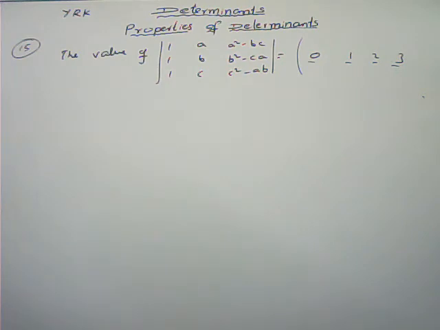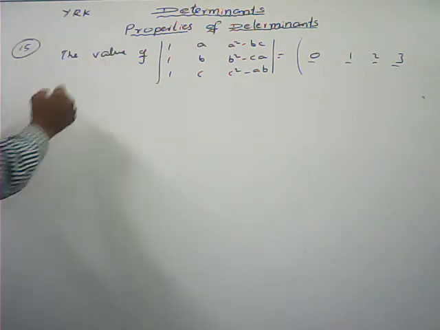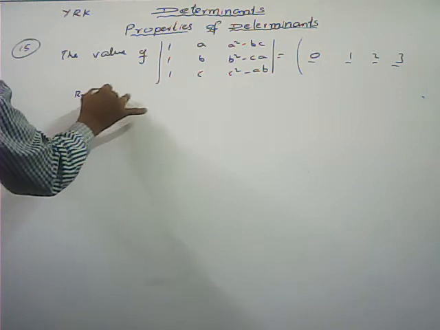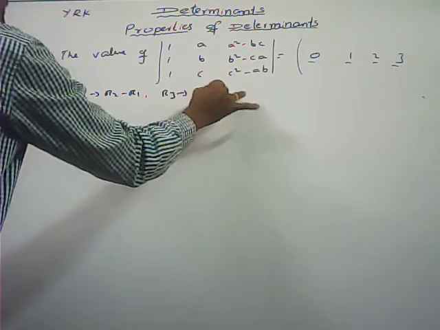By observing the first column, all these 3 ones are there. We can get simplification by fixing R1 and subtracting R1 from the remaining 2 rows. R2 tends to R2 minus R1 and R3 tends to R3 minus R1.